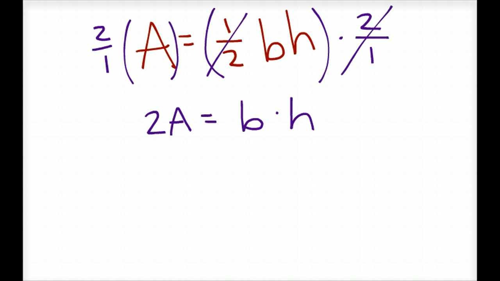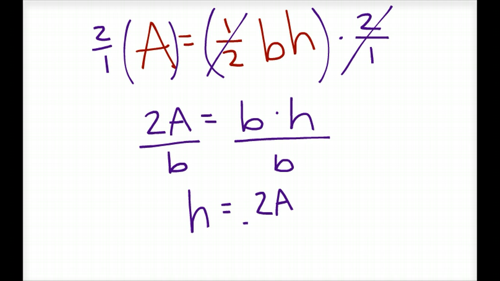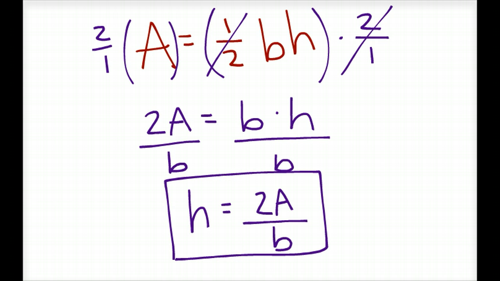And again, we're solving for h, so we need to divide both sides by the base. So the relationship then, the height equals twice the area divided by its base. We've taken the area of a triangle formula and we have solved it for its height. Did you get that one right?